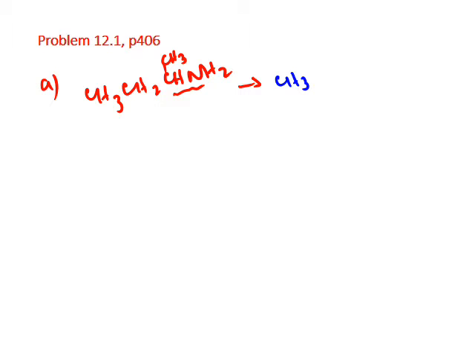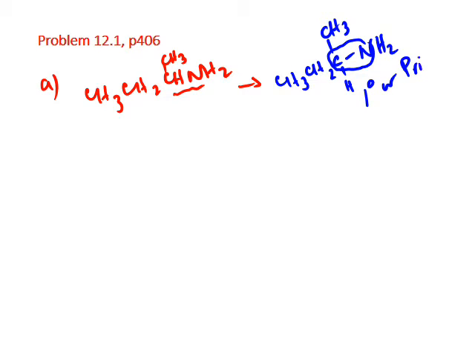CH3, CH2, and then you have CH, and then you have CH3 bonded to the same carbon, and then keep in mind this carbon must have 4 bonds, so this bond has to be with nitrogen. So nitrogen is bonded to 1 carbon, so it's 1 degree. 1 degree is same as primary amine.